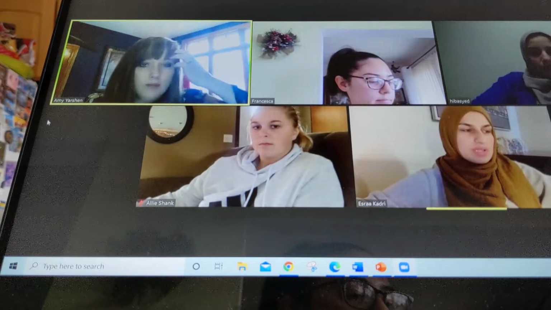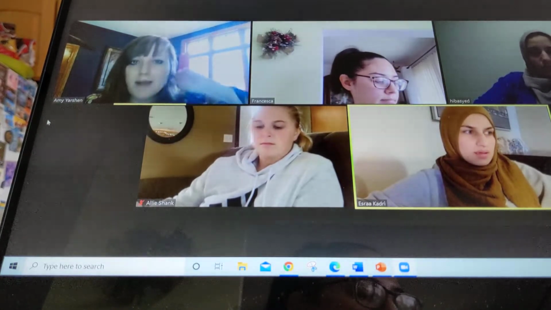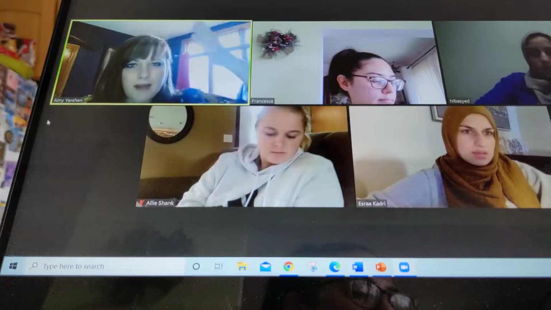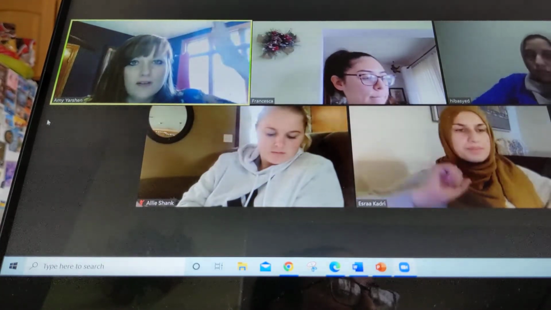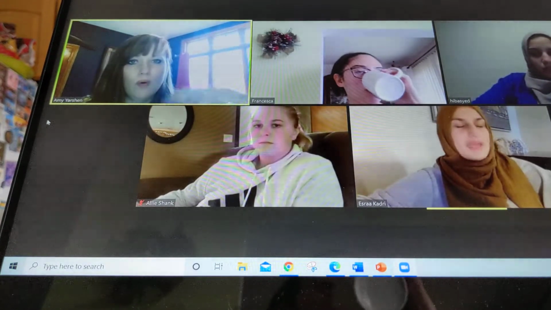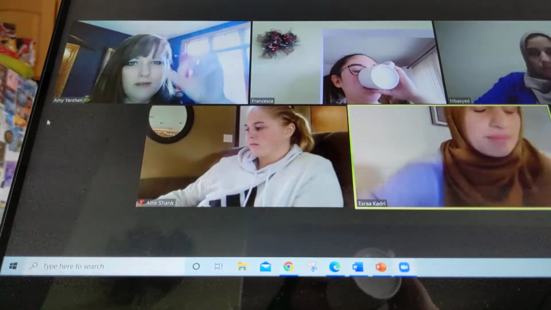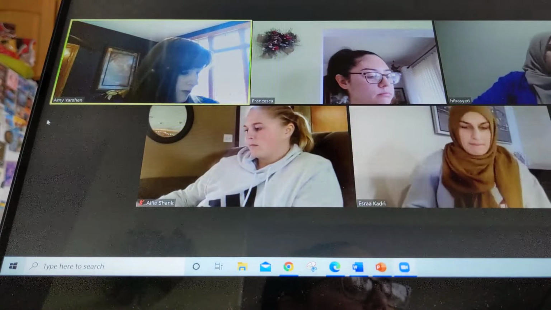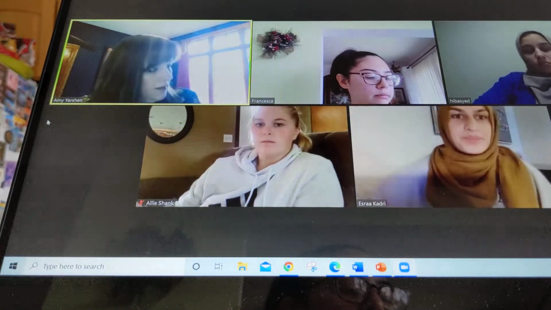Really messy, shaped differently. Yes, it's a good way to say it. Whereas the fractures will be more organized, depending on the accident, kind of in a row or circular. Yes, good.